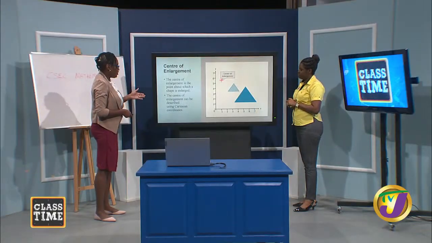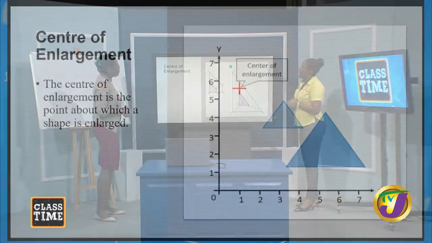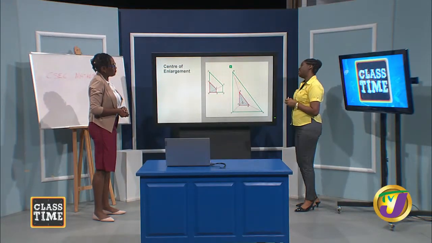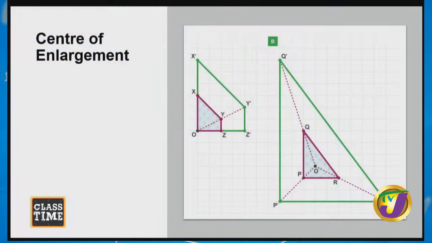The center of enlargement can be anywhere, and we can describe it using its location on the Cartesian plane. Another interesting fact is that it can be on the object.